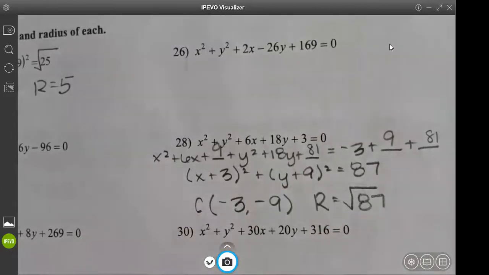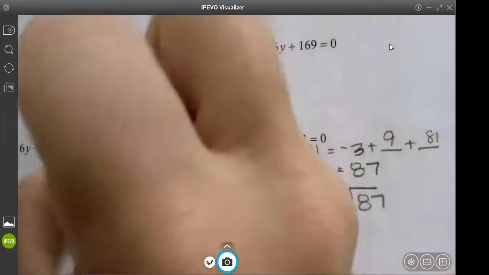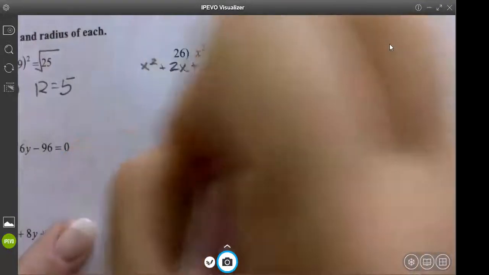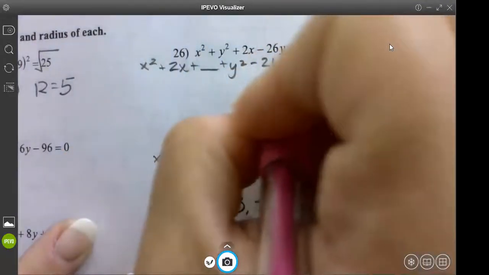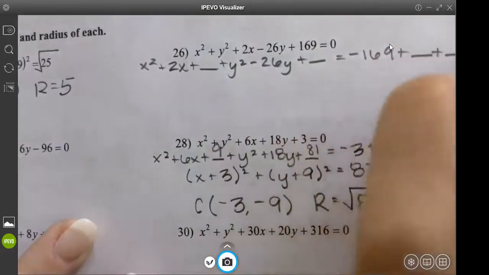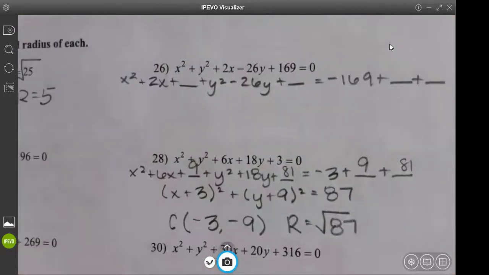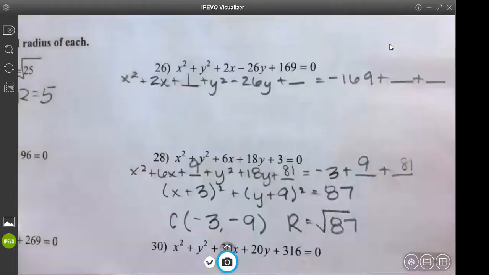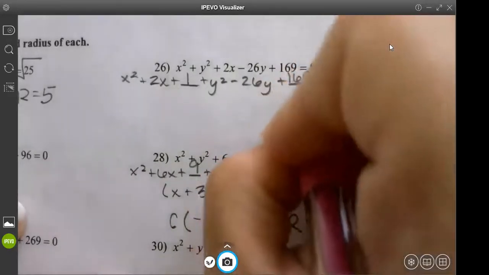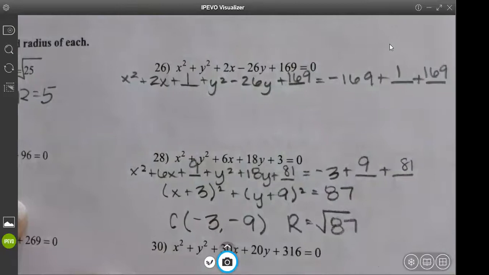All right, I'm going to jump up to number 26. We're going to do the same exact thing. Put your x's together, so x squared plus 2x with a blank plus y squared minus 26y plus a blank. Move the 169 and put your 2 blanks. 2 divided by 2 is 1, squared is 1. 26 divided by 2 is 13, squared is 169.